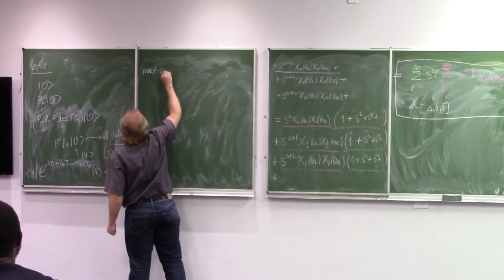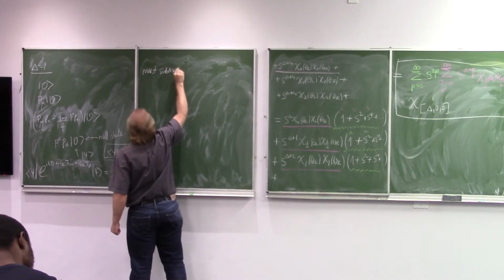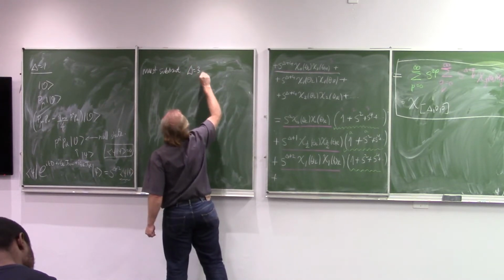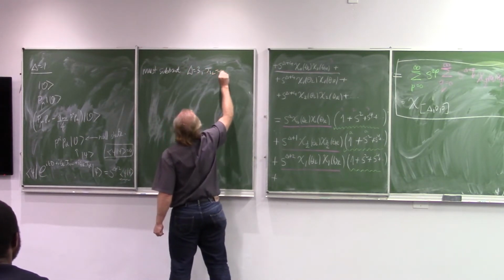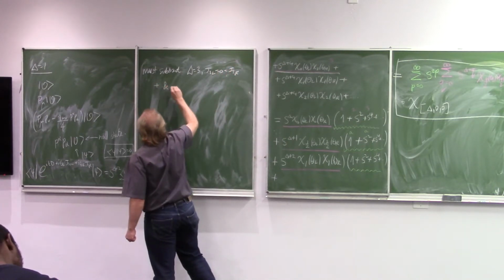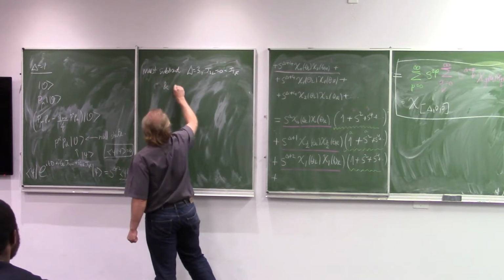We must subtract this state, which has delta equal to 3, J3 left equal to naught, J3 right equal to naught, and all its descendants.